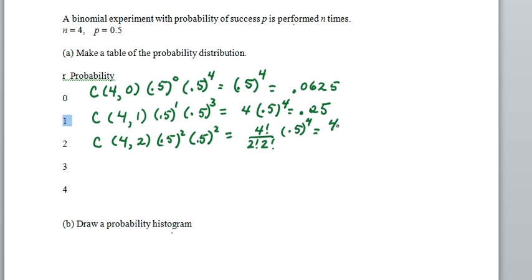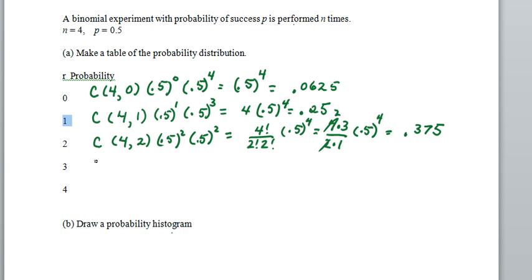So this is 4 times 3 over 2 times 1, or 6 times 1/16. 6/16 is the same as 3/8, and that is 0.375.